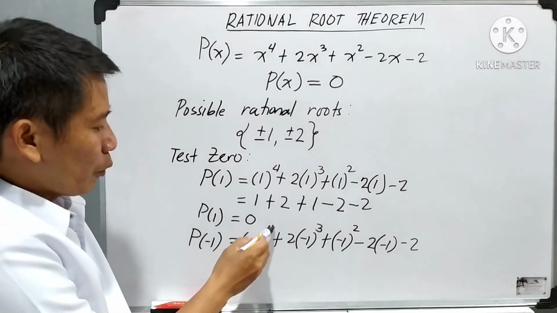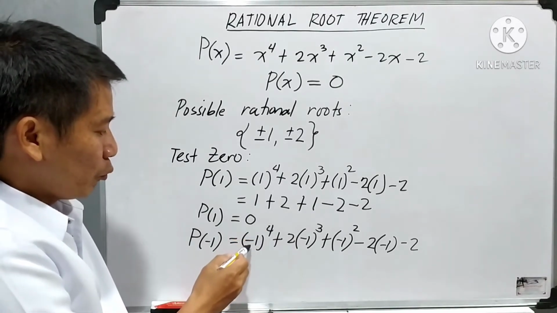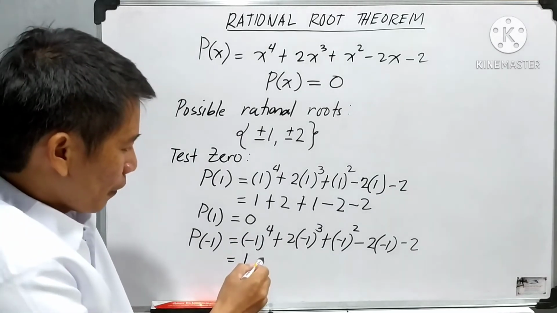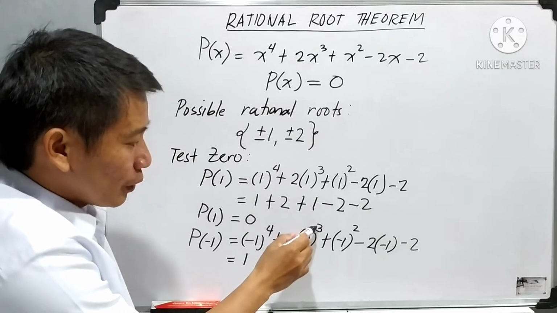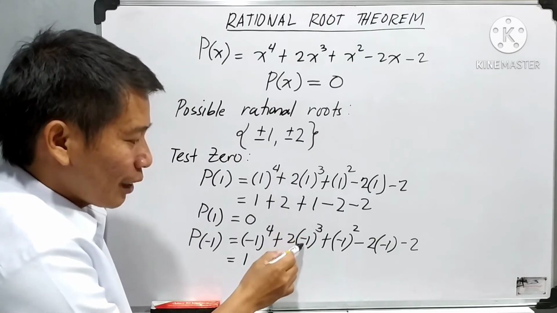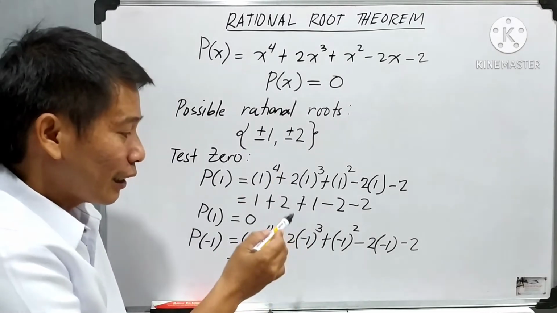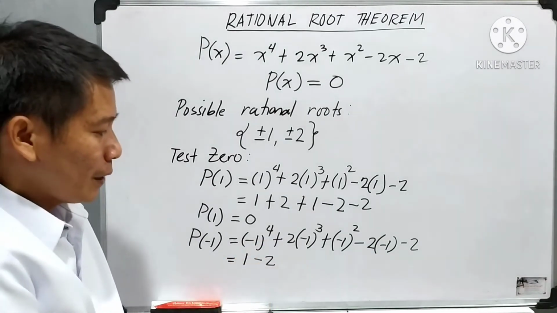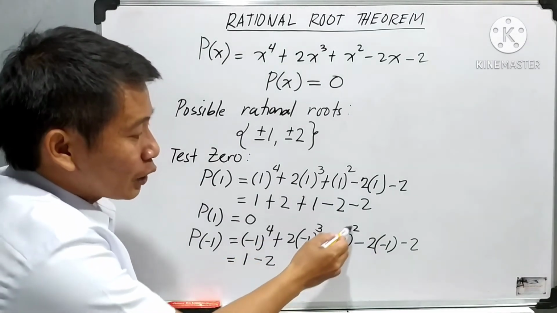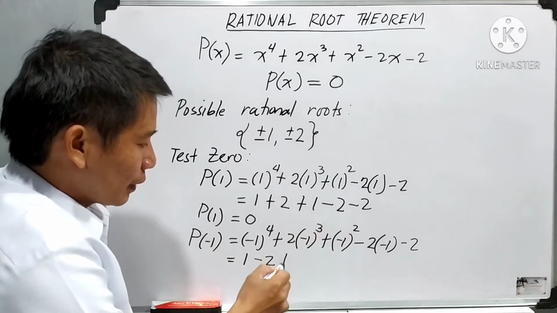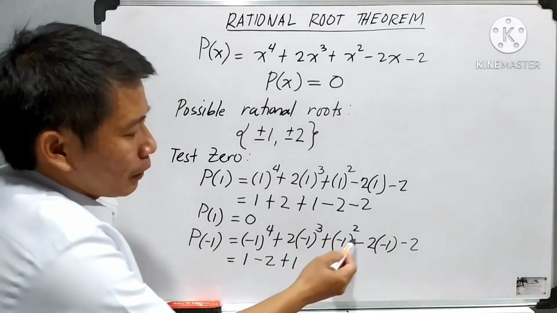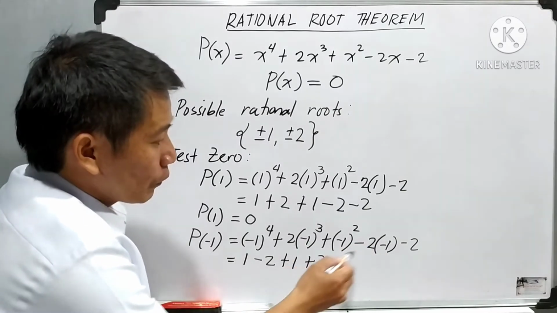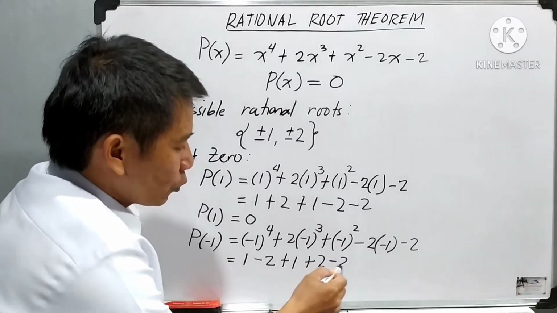Since the exponent is even, negative 1 raised to 4 is still positive 1. Okay? Negative 1 cubed, the exponent is odd. Negative 1 raised to 3 is negative 1, times positive 2 is negative 2. Okay? And then negative 1 squared, so even, so that is positive 1. Then negative 2 times negative 1 is positive 2. Then we have minus 2.